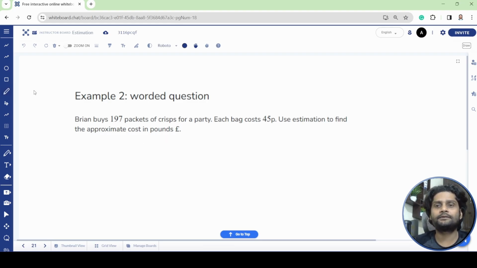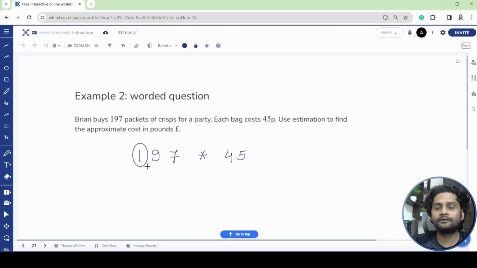So students, basically we have to multiply these two values. It's a logical question: he buys 197 packets and each packet costs that much, so we simply perform multiplication. And again, just because we need to estimate the cost, we first round these numbers correct to one significant figure.